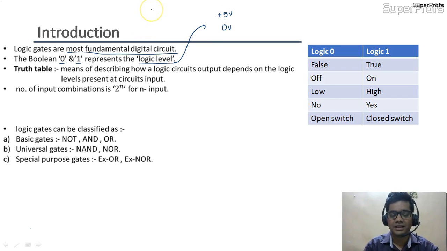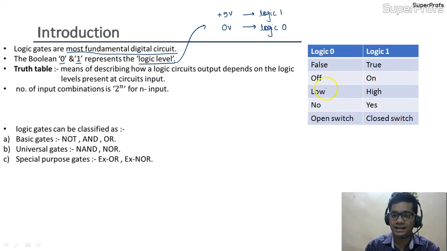So if we are converting the analog system into a digital one, we are representing positive 5 volts as logic 1 and 0 volts as logic 0. So these are some of the representations so that we can make an analogy between the analog circuits as well as the digital circuits.